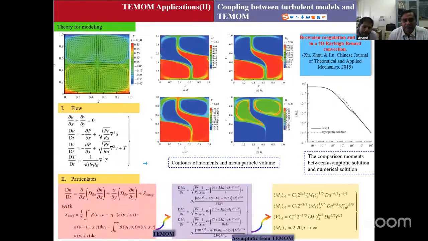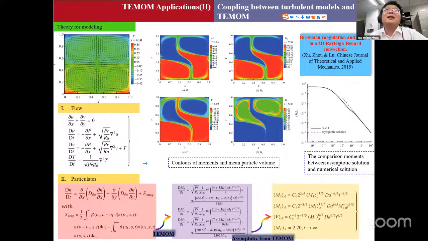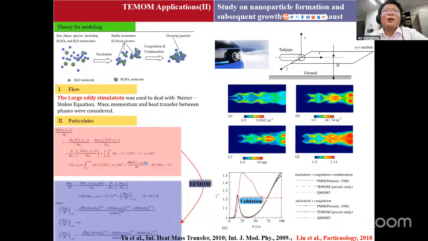This is also for turbulent flows, by coupling the TEMOM and the Navier-Stokes equation. And this one is the particle phase, and we also need to couple this equation to the Navier-Stokes equation to solve the problem involving particle dynamics and flow convection and diffusion. I think it is the same as the quadrature method of moments. It's the same.